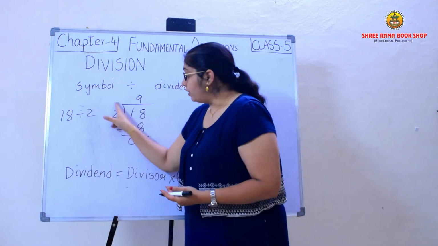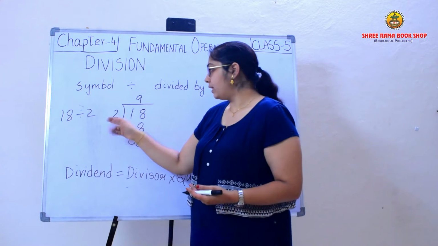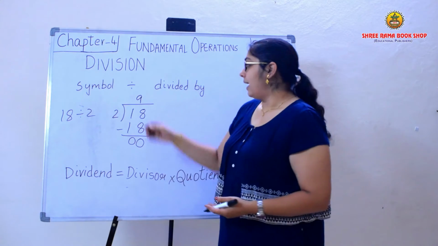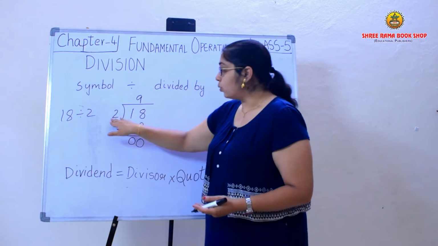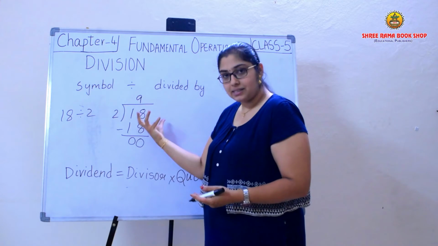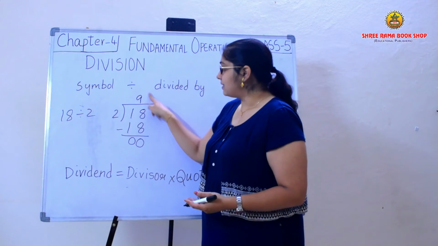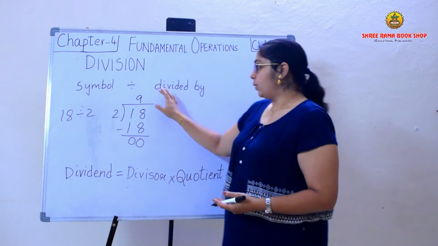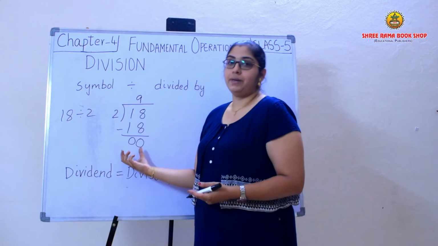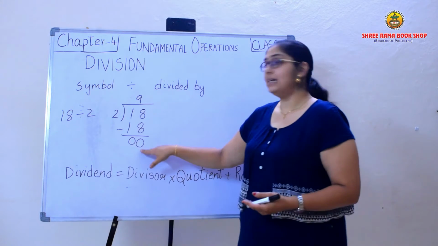And the number which I am dividing with, 2 is dividing 18, right? So 2 is called what? Divisor. And the answer which I get, how many times the divisor is dividing the dividend, that is nothing but the quotient. And the remaining answer which I get at the bottom after doing the repeated subtraction in the division is the remainder.